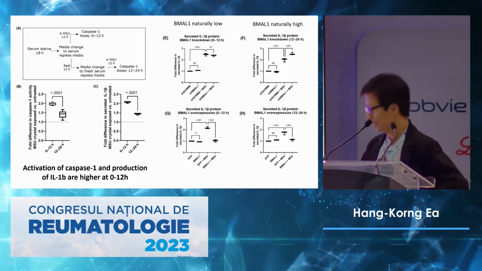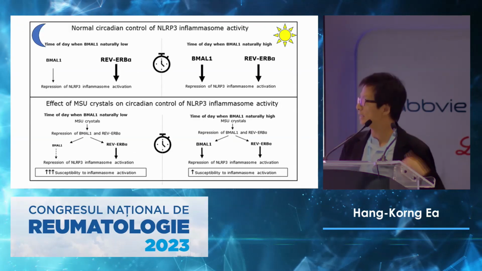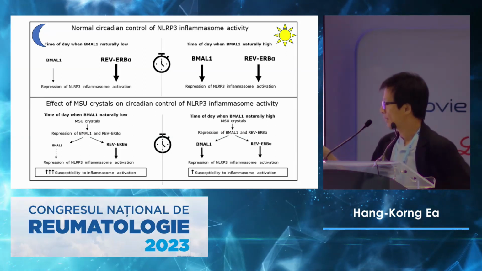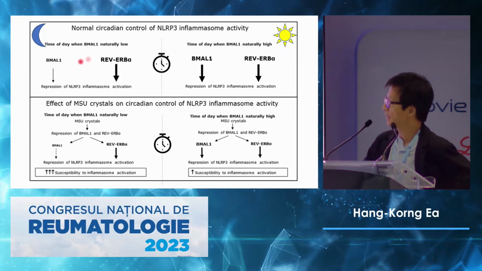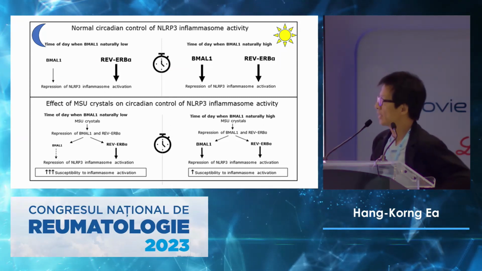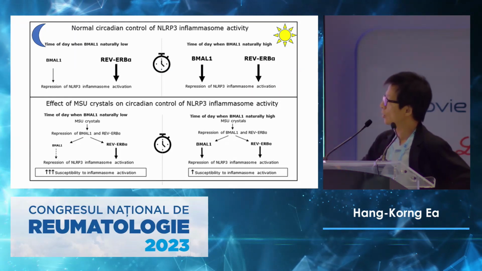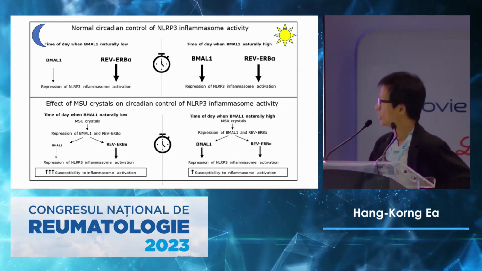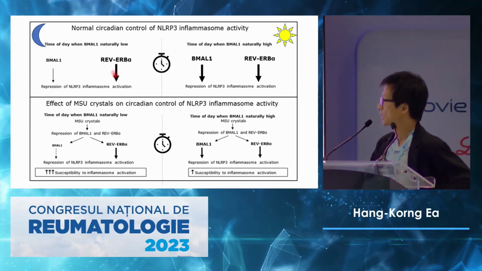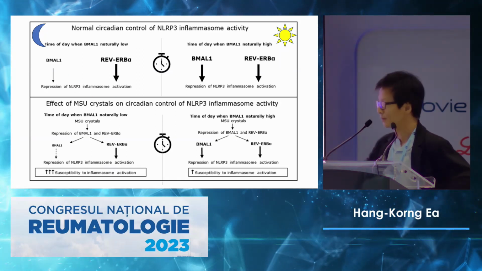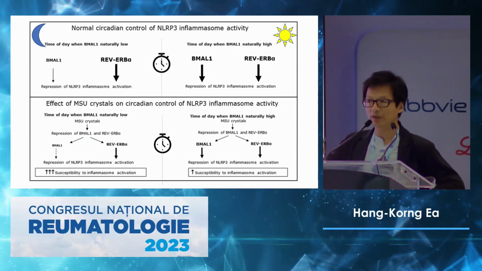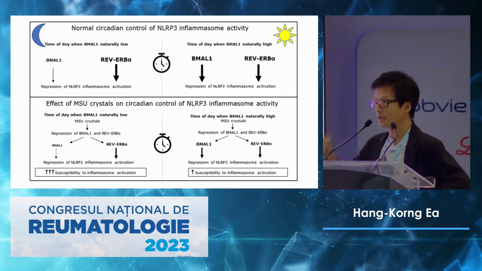So it means that BMAL and REV-ERB alpha are two proteins that repress the inflammasome NLRP3 activation. In physiological conditions, normally these two proteins reduce the inflammation. When you stimulate, the crystal will inhibit BMAL, okay?